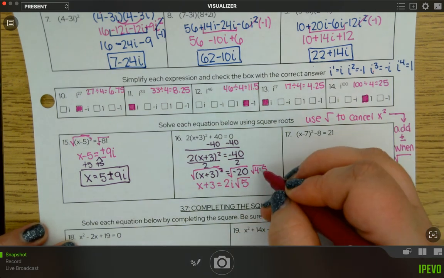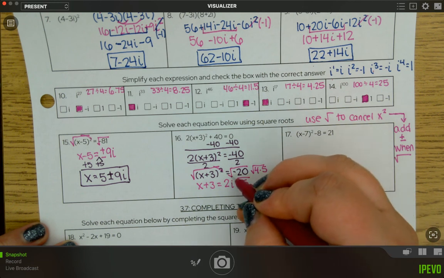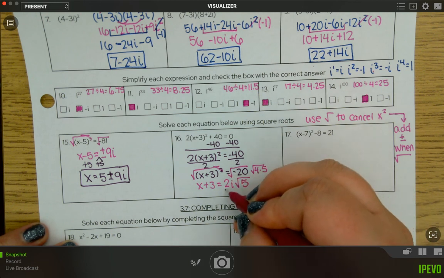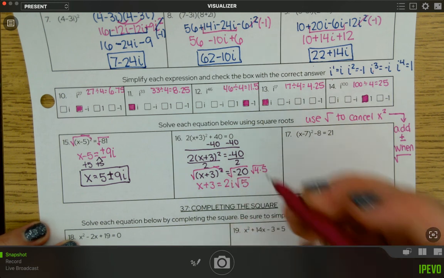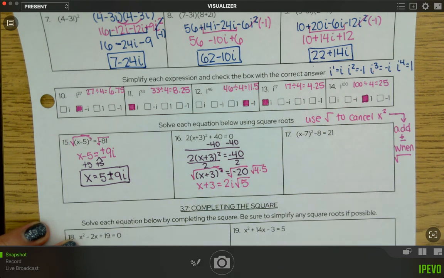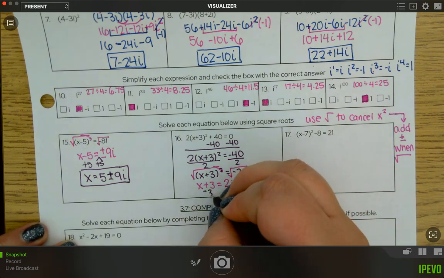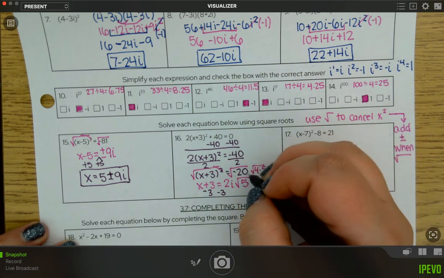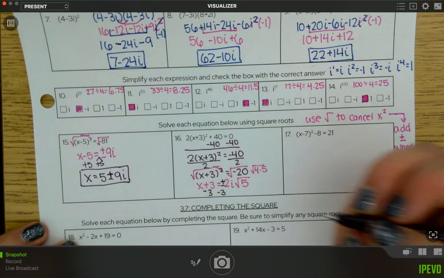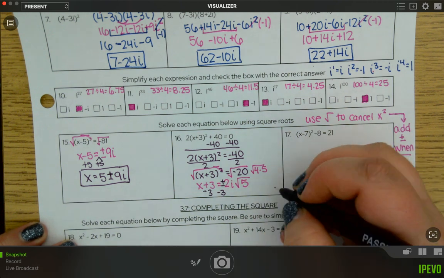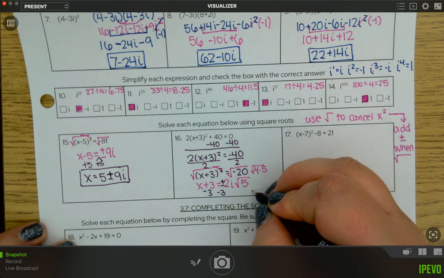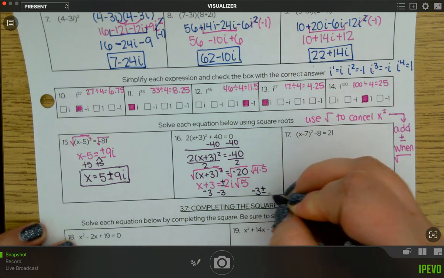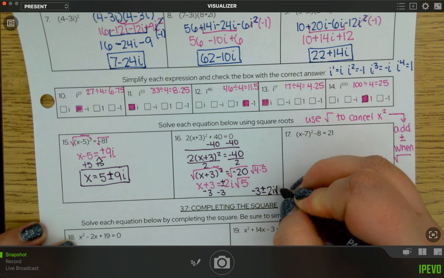So you're purposely picking a number that has a square root that goes into 20 so that you can do this. And now we have a smaller number left under the square root. Then we minus this 3. And don't forget, after you do that square root, plus minus. So our final answer is negative 3 plus or minus 2i square root of 5.